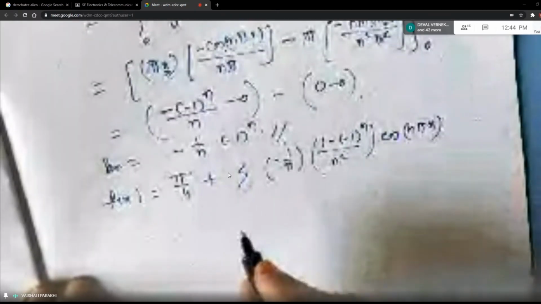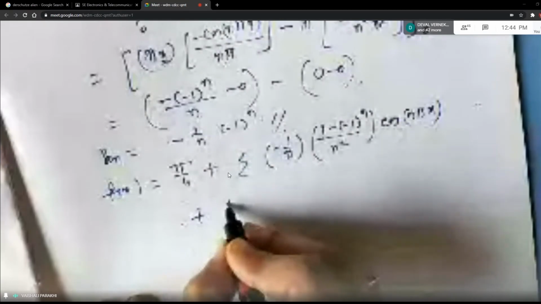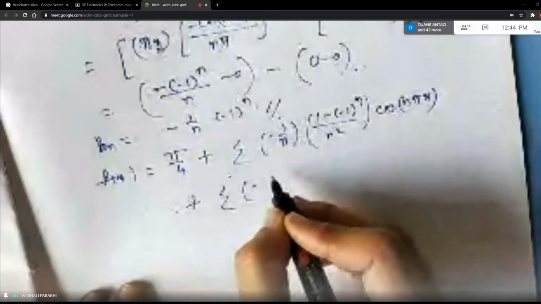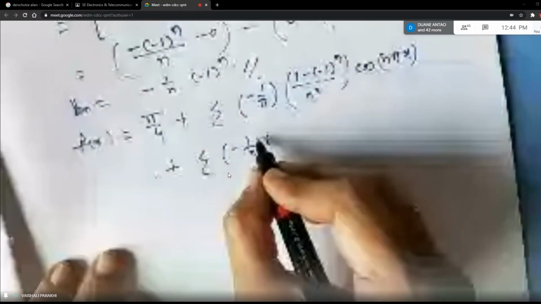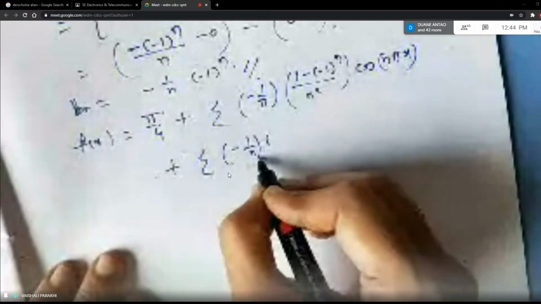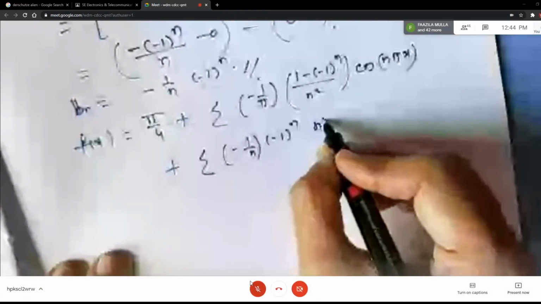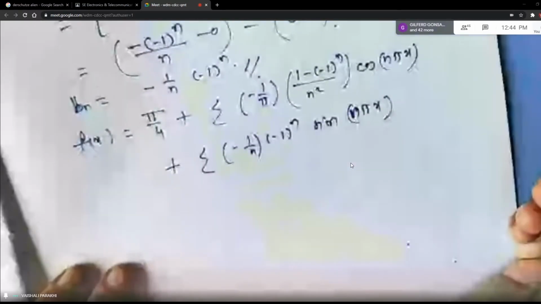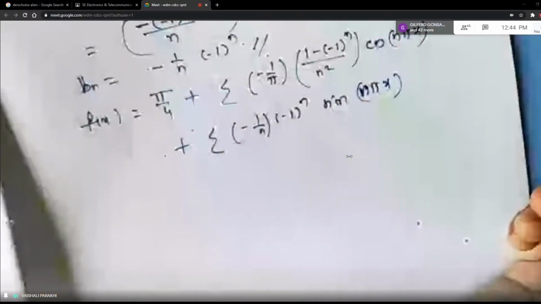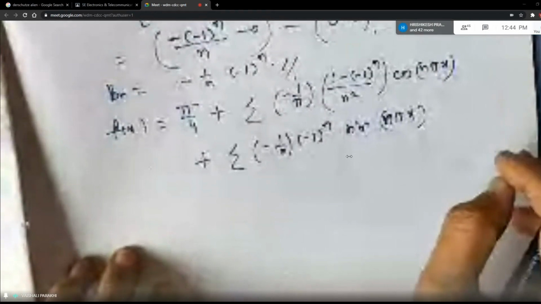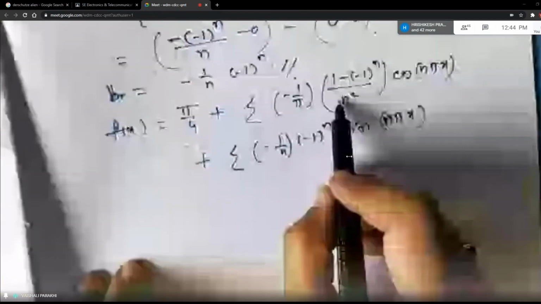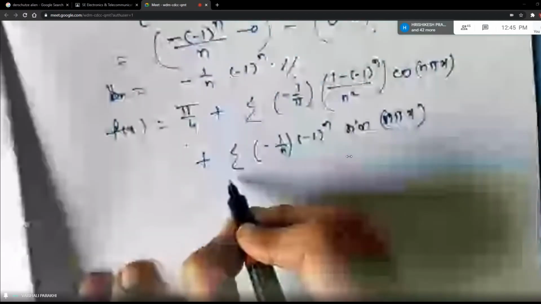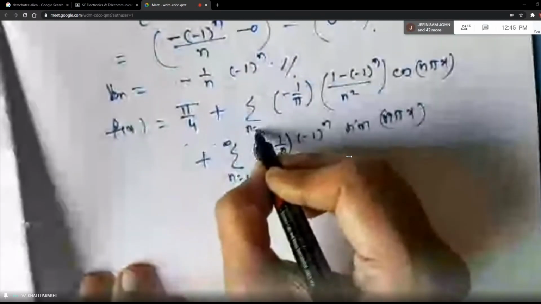L is 1, so no need to write upon L. Plus summation of Bn. Bn is in front of you, minus 1 upon n, then minus 1 raised to n, sine of n pi x by L. L is 1. Okay. So nothing I did. In the Fourier series formula, I have substituted A0, An and Bn. Okay. n is from 1 to infinity.